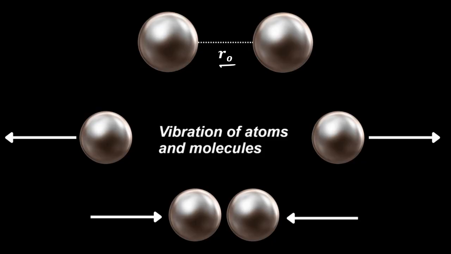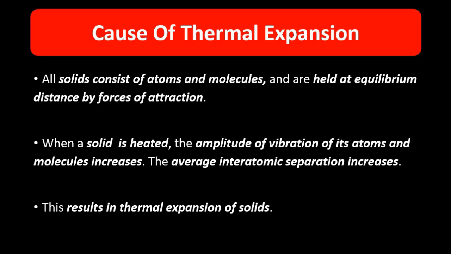Now when they are subjected to heat, when heat energy is supplied externally, the amplitude of the vibrations of atoms or molecules increases. We discussed in the first video that heat is nothing but the internal energy content of the solids because of their atomic or molecular movements, translational, rotational, vibrational.